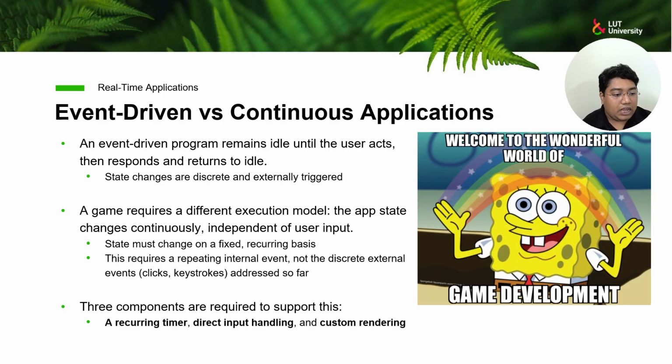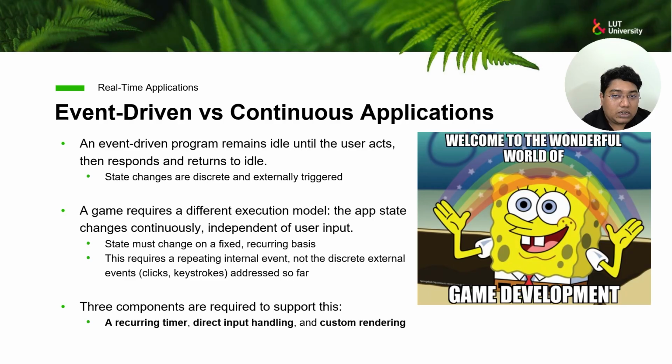That means the application must keep updating its state continuously even when the user isn't doing anything at all. This is the major difference between a traditional GUI application and a real-time application. The program isn't waiting for user events anymore. Instead, it's updating the game world over and over again while still responding to the user input whenever it arrives.